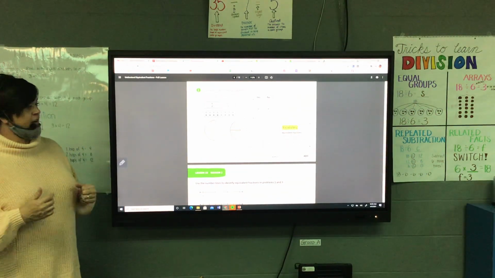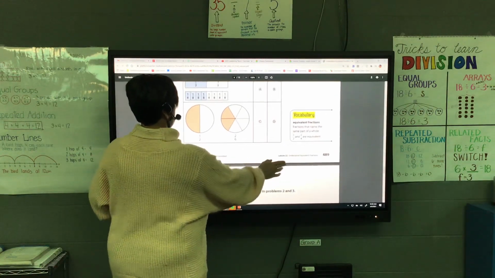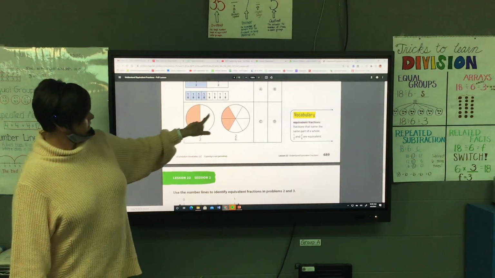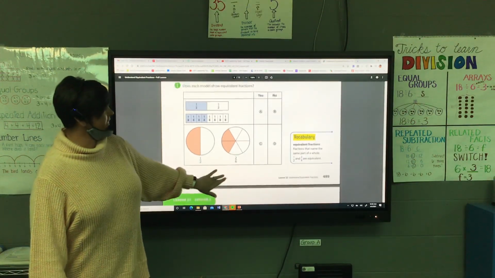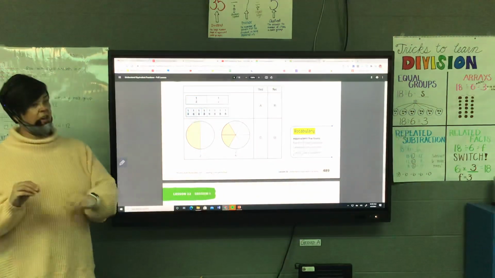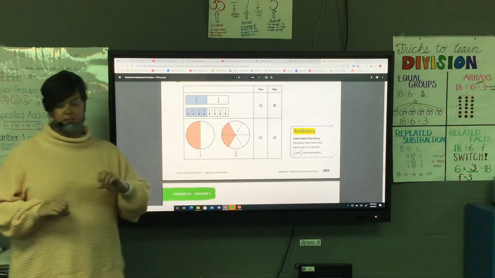Think you got that one figured out? Yeah. Okay, let's look at this second one. Look carefully. Color in again the bubble for yes, they are equivalent, or no, they are not equivalent.